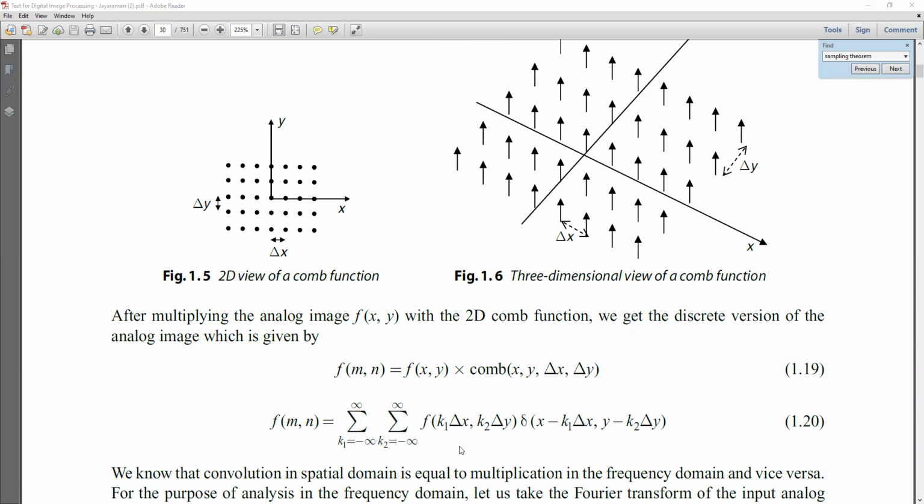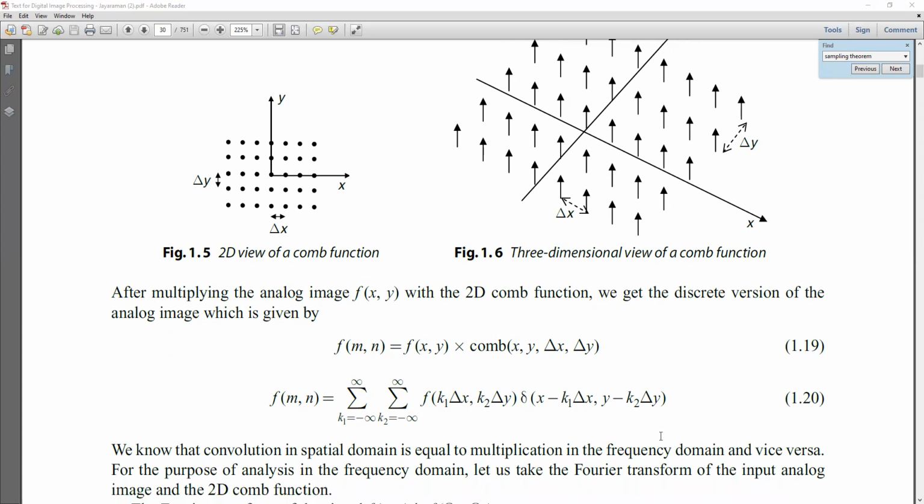This is the image function expressed in two dimensions, f of k1 delta x, k2 delta y. And this is the delta function, del of x minus k1 delta x, y minus k2 delta y.